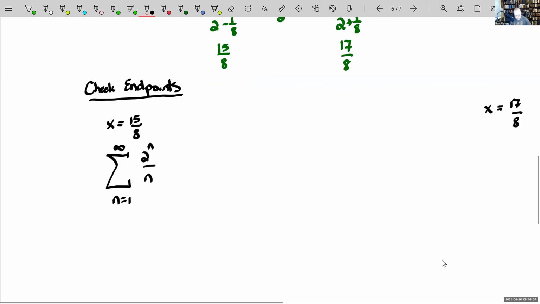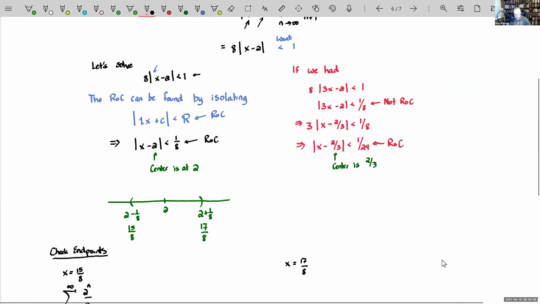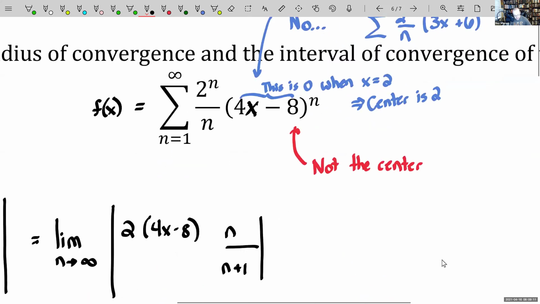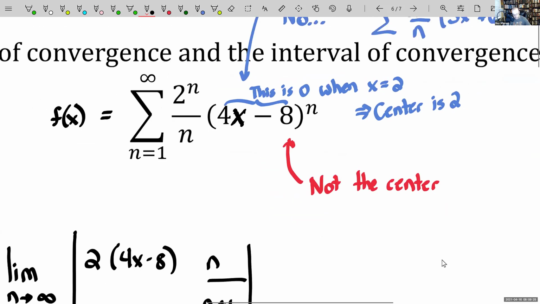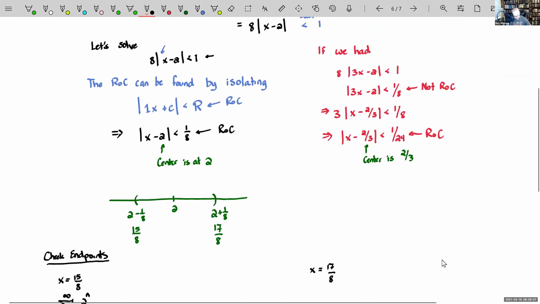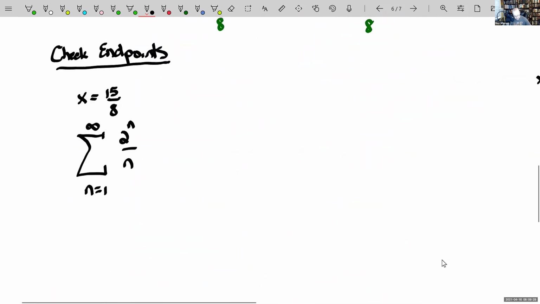And then we're going to plug in 15/8 in for x. If you plug in 15/8 in for x, well, that's 15/8 times 4, which is 15 halves. And then you're going to lose 8, which is losing 16 halves. 15 halves minus 16 halves is a -1/2. So I'm going to go ahead and write that.